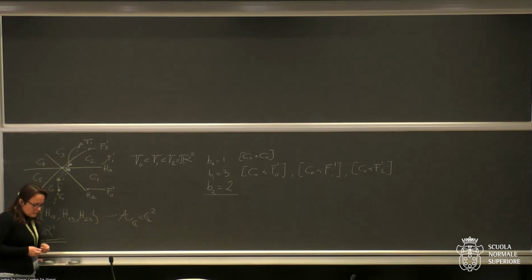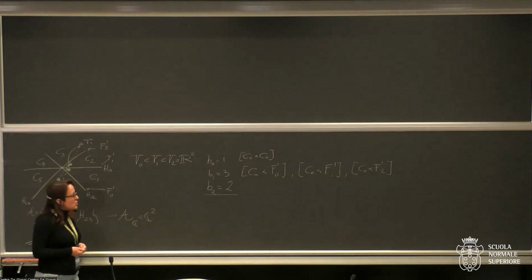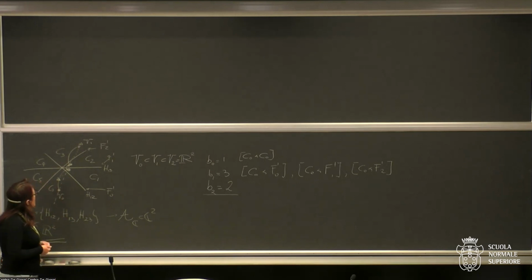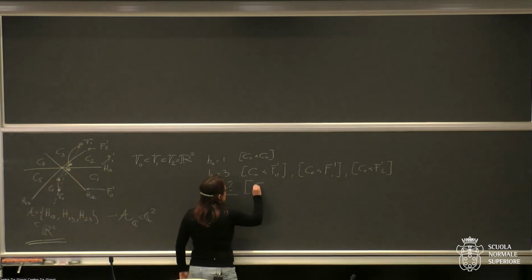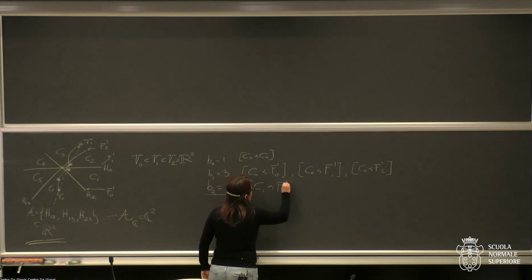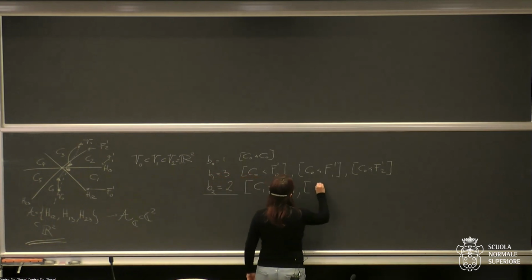So what happened is essentially that, here we have C1, F2, and C2, F2.